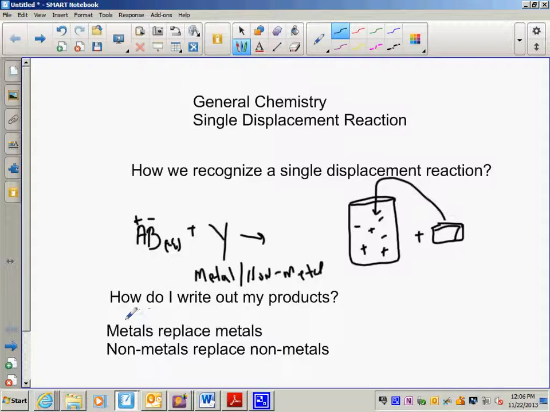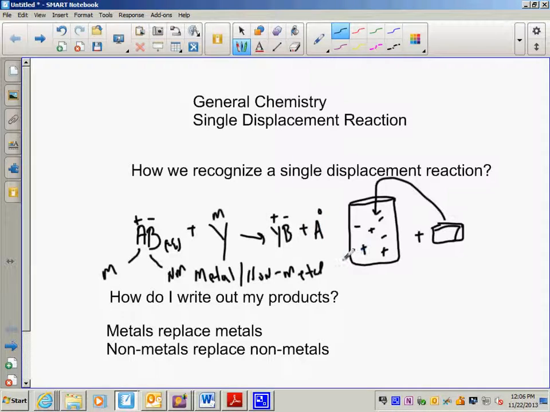Below here it says, how do I write up my products? Well, if this is a metal, and this is a non-metal, metals replace metals, non-metals replace non-metals. So Y, being a metal, would replace A. Y would become the cation, B would still be my anion, and A would be all by itself.